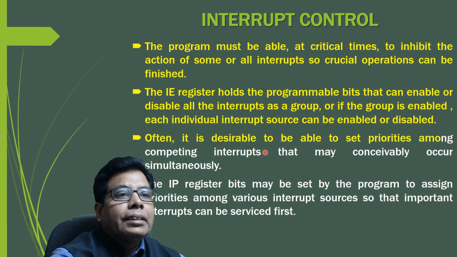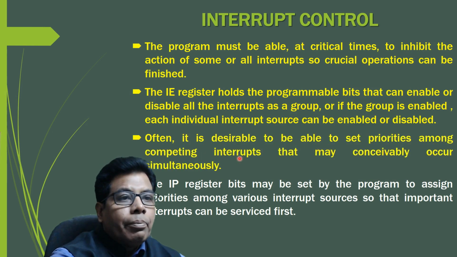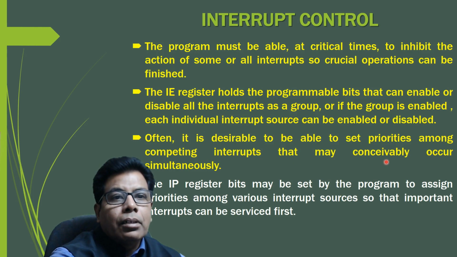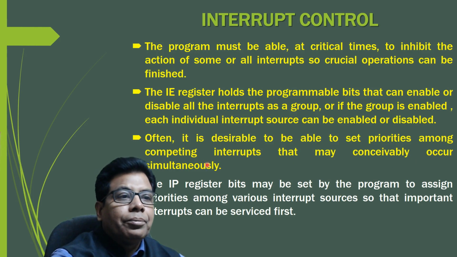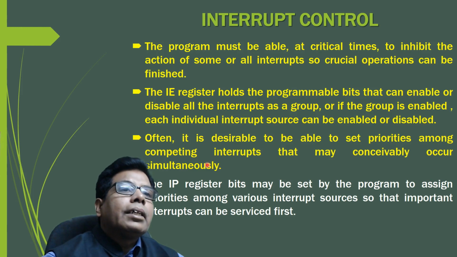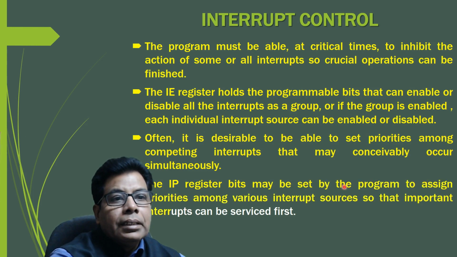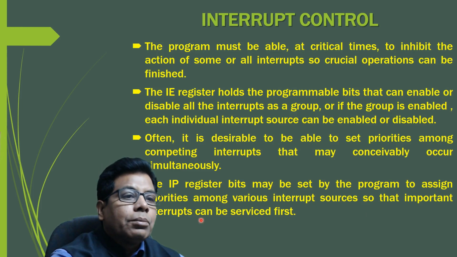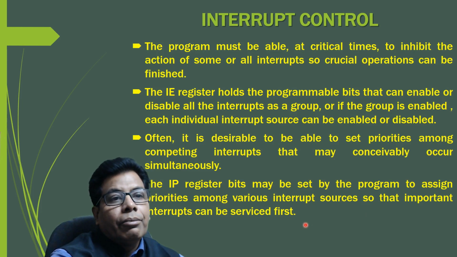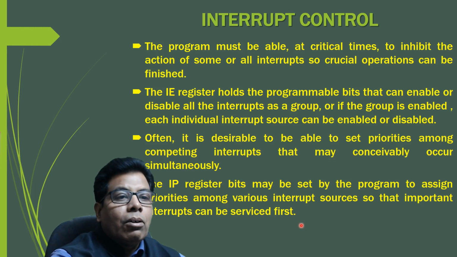Then often it is desirable to be able to set priorities among the competing interrupts that may conceivably occur simultaneously. So whenever two or more interrupts occur at the same time, then we should have the priority. So IP register bits may be set by the program to assign priorities among the various interrupt sources, so that important interrupts can be serviced first whenever there are multiple occurrences of the interrupt.